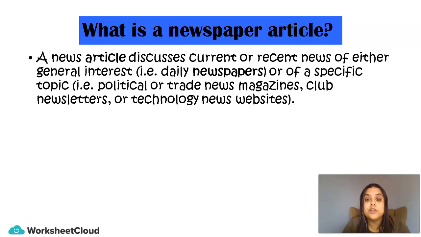Why? They are trying to inform the readers about what's happening with regard to this, and that's important. Newspaper articles inform people about the current or recent events that have happened now in their country or in their city or in the world.